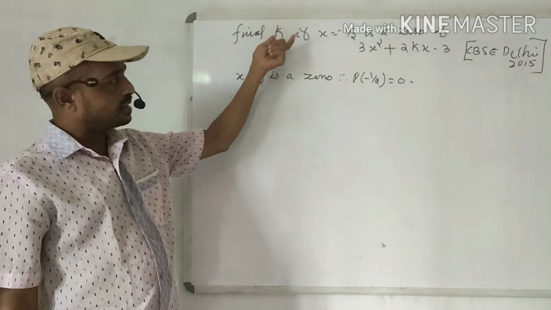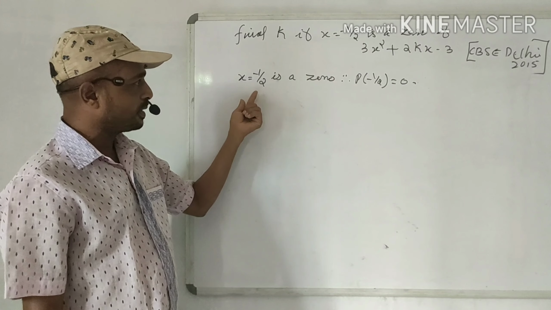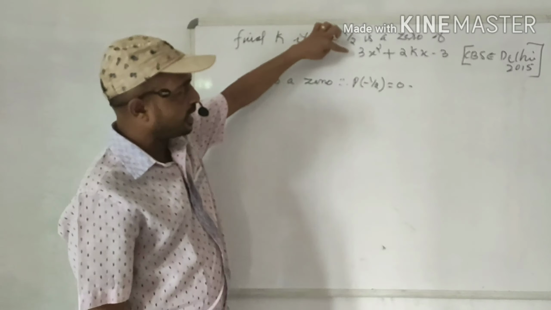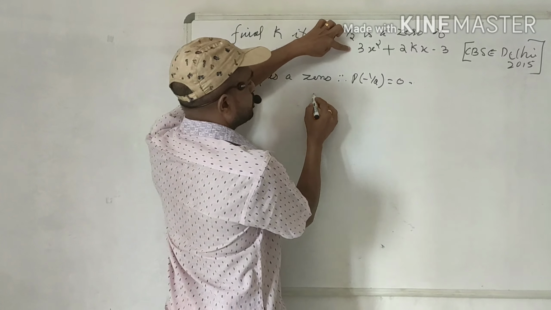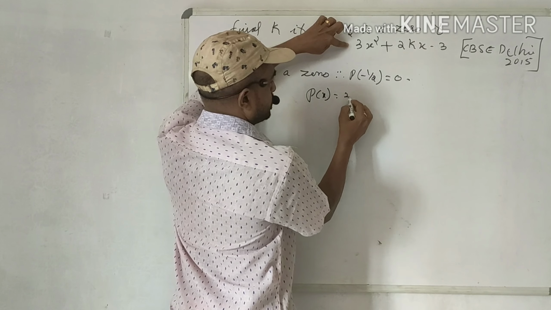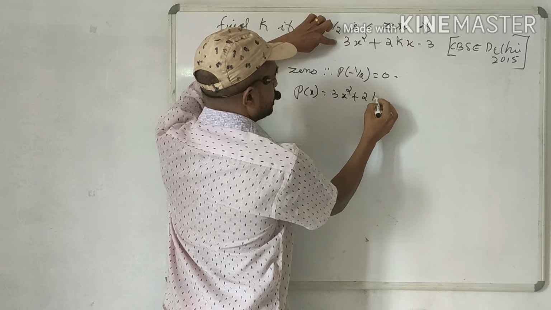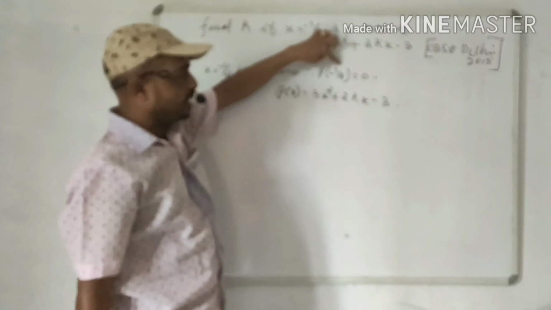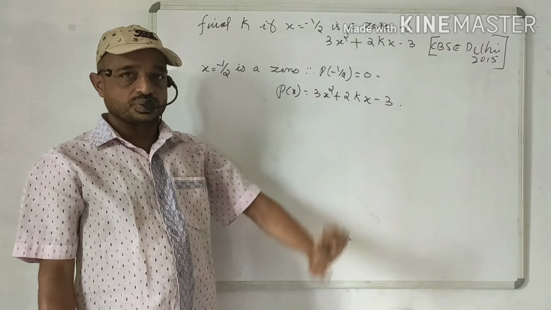It is given that x equal to minus 1 by 2 is a zero of the polynomial, therefore p of minus 1 by 2 equals 0. What is p of x here? P of x is the given polynomial, 3x square plus 2kx minus 3. So you will have to find p of minus 1 by 2 and equate it to 0.